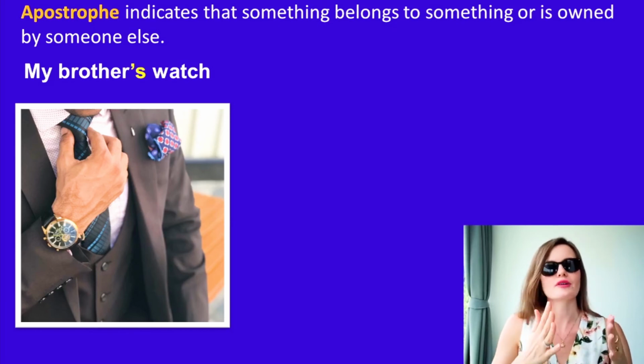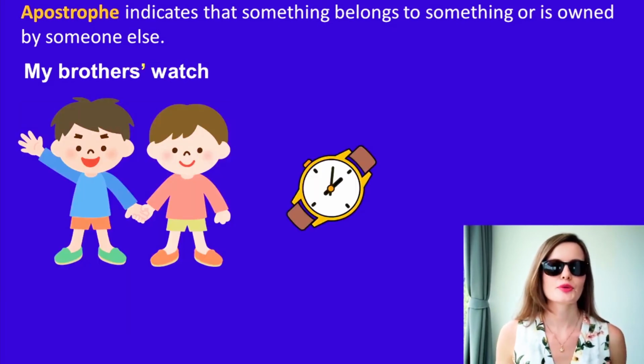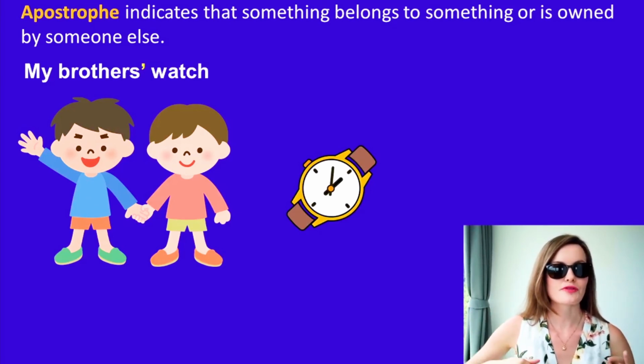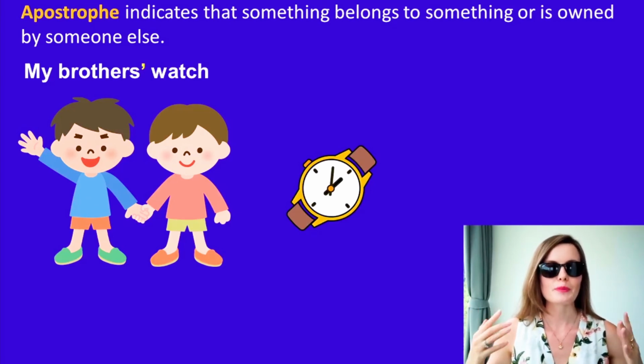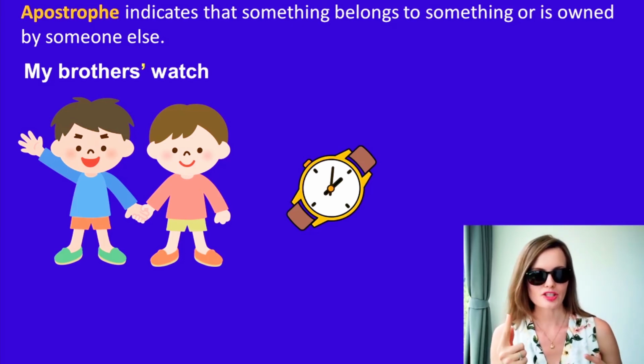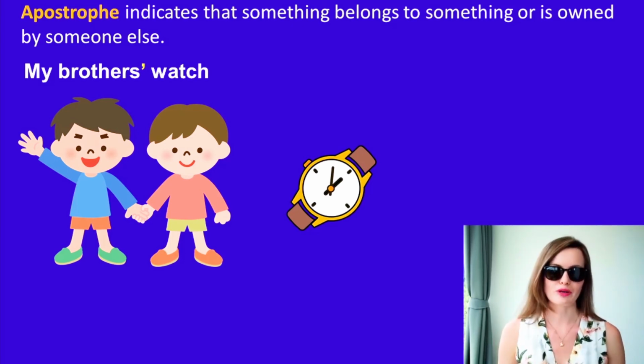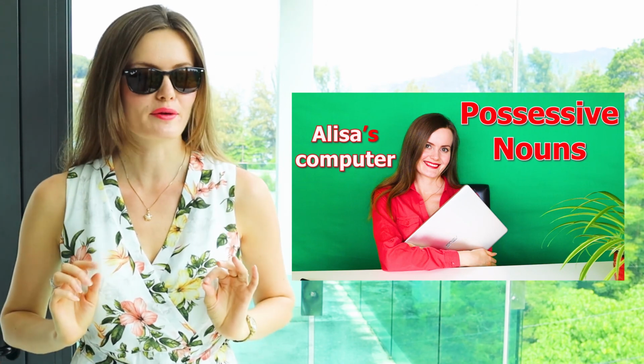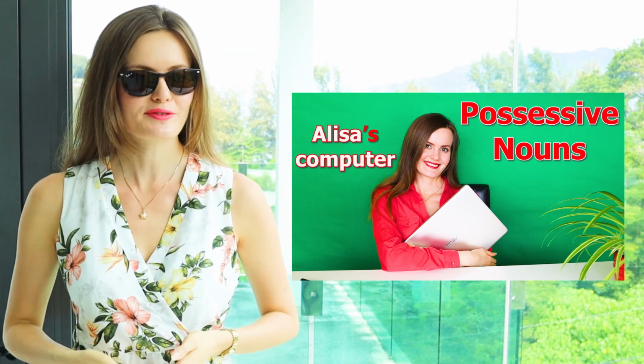It belongs to the brother. But if we use the plural form brothers and put an apostrophe after S, we mean that this watch belongs to two brothers. If you would like to learn about possessive nouns more, I have a lesson for you.